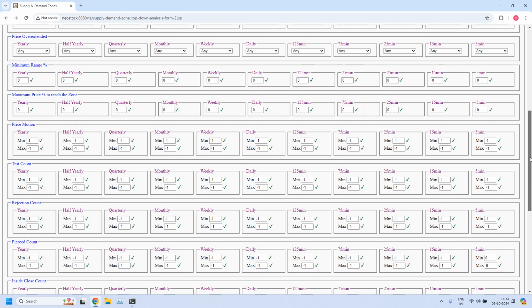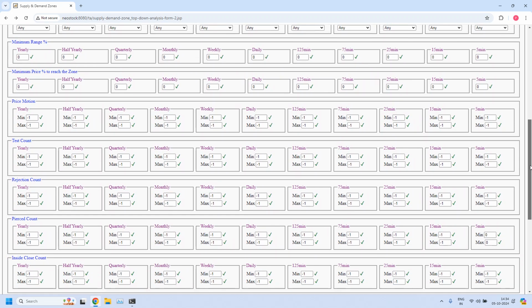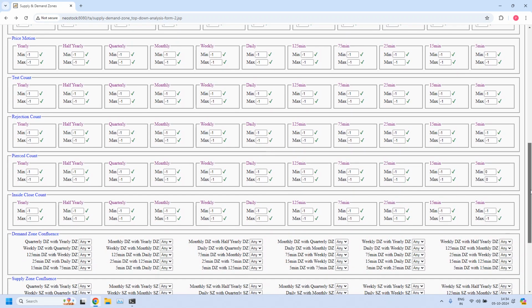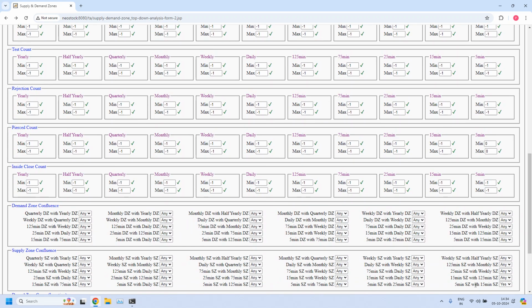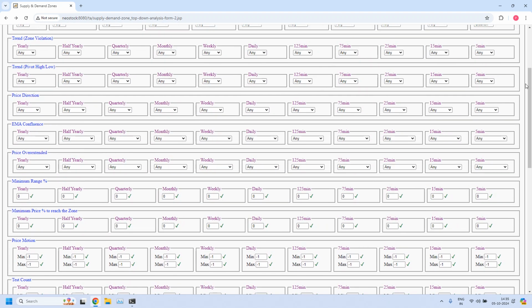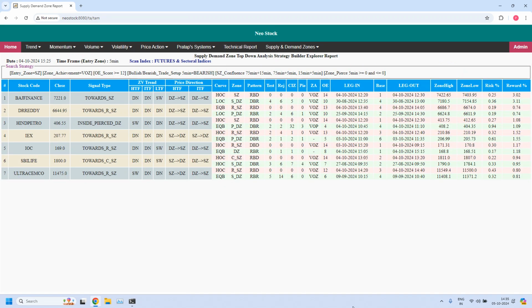Already those 12 stocks are LTF and ITF confluence zones, because earlier we enabled 5 minute supply zone with 15 minute supply zone. Now I am adding 2 more filters, 5 minute supply zone with 75 minute supply zone confluence, and also 15 minute supply zone with 75 minute supply zone confluence. With all the 3 filters, LTF, ITF, HTF confluence, 7 stocks are filtered from the 12.